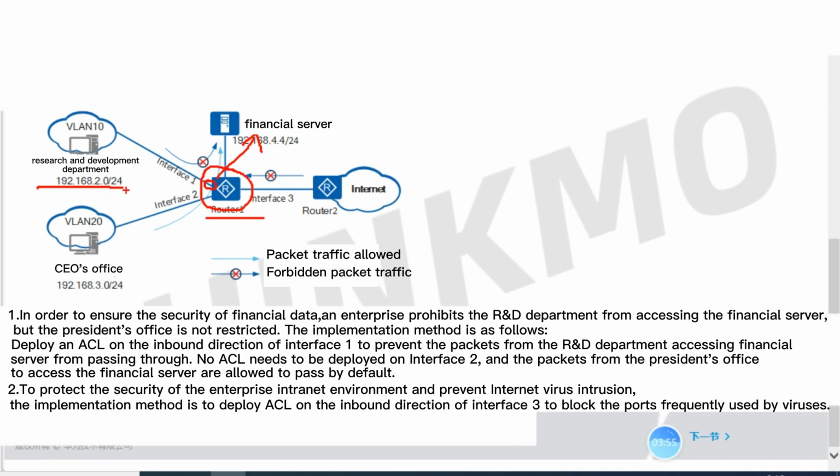Let's say it wants to access data from other departments. Does it affect the R&D department? Because you didn't write this rule, both are allowed by default. For other businesses, in the absence of rules, it does not affect normal services. And the President's office is not affected, because there is no rule for it.